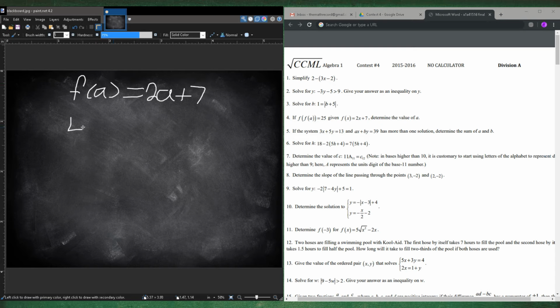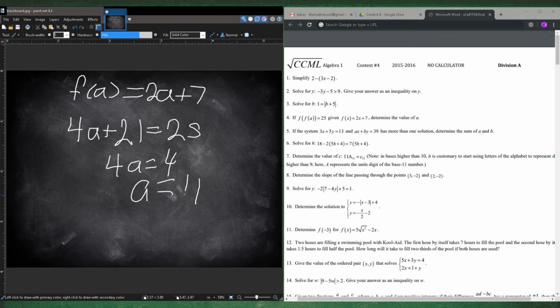You get 2 times 2a plus 7, which is just 4a plus 14. The 14 has a 7 at the end, so plus 7 makes 21. That is equal to 25. And then 25 minus 21 is equal to 4, so a is just equal to 1.